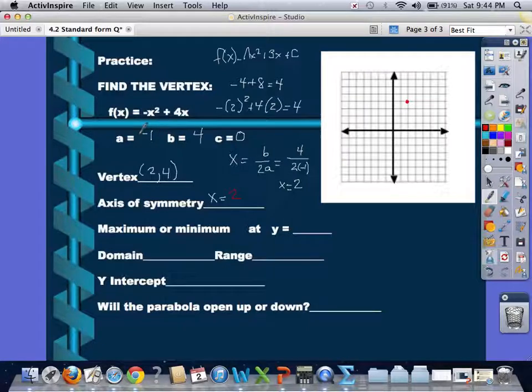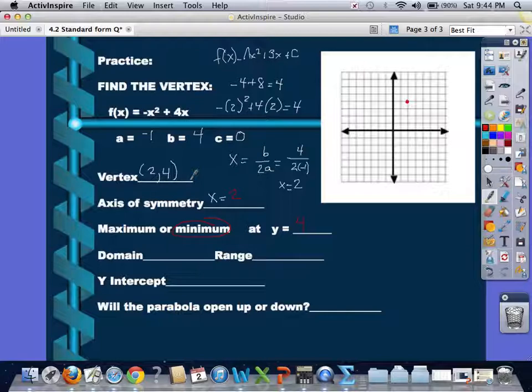So that would have to mean it's a maximum. Okay? And that's going to be at y as 4. So once you have your vertex, you've just about got everything solved. This is going to be your axis of symmetry, and this is going to be your max or minimum on your y. Okay, so once you've got that done, you've just about got everything done.